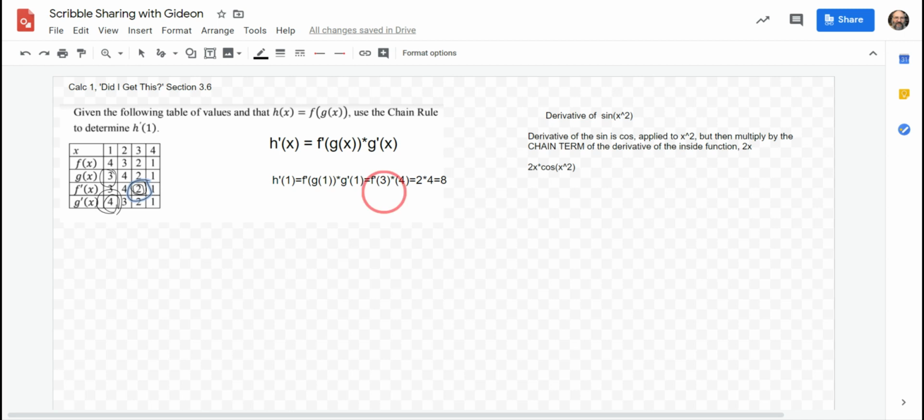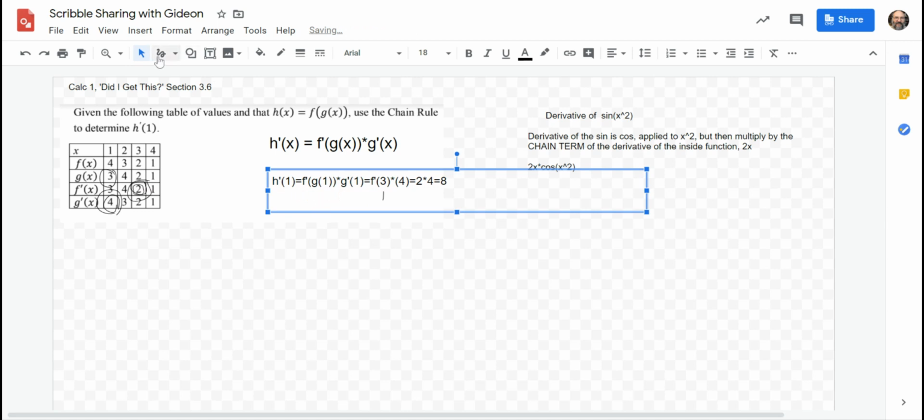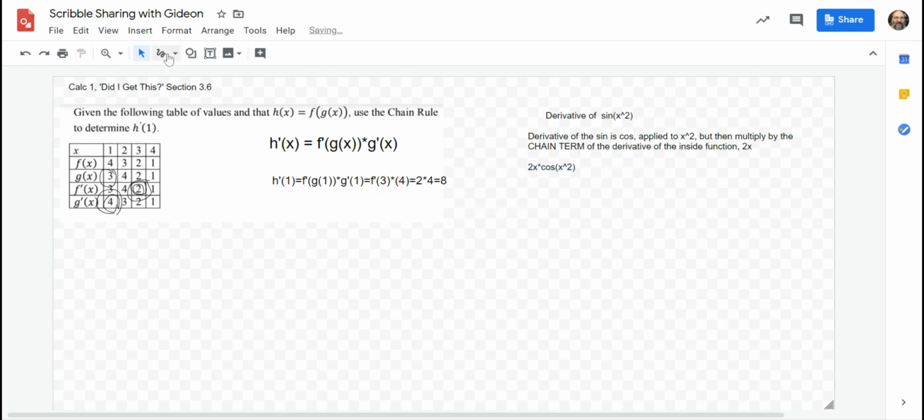This is the first computation. Sorry, this is the first computation, finding g of 1. Finding g prime of 1 was our second computation. Let me correct my slight errors here. The first computation was finding that g of 1 is 3.